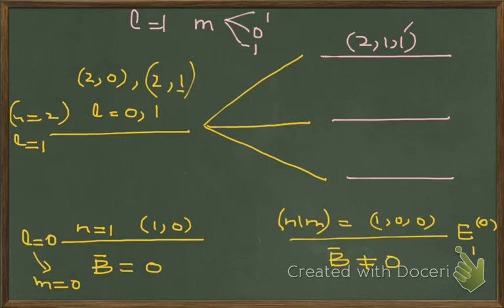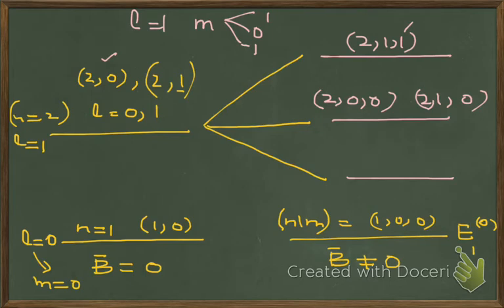For this level we have two degenerate levels, 2 0 0 and 2 1 0. 2 0 0 is the level in which no splitting happens, and 2 1 0 is the level which is split under the magnetic field.